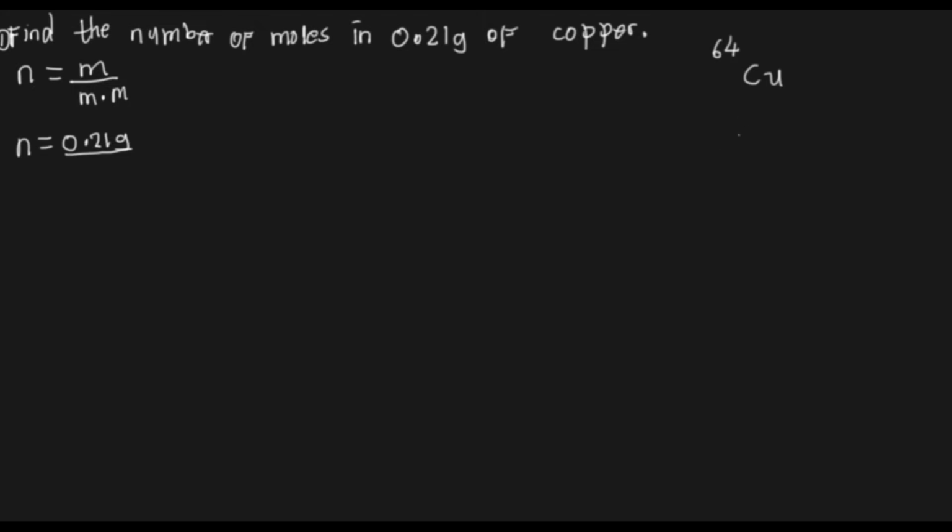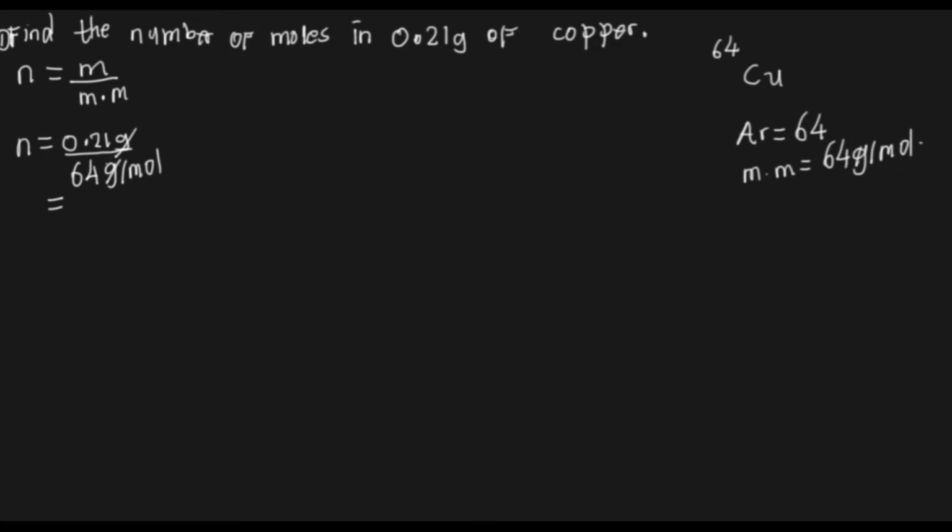Let's first find the relative atomic mass, which is 64. For its molar mass, we just add grams per mole to 64. So 64 grams per mole now becomes the molar mass. So we divide by 64 grams per mole, and you can see that the gram and the gram cancel.